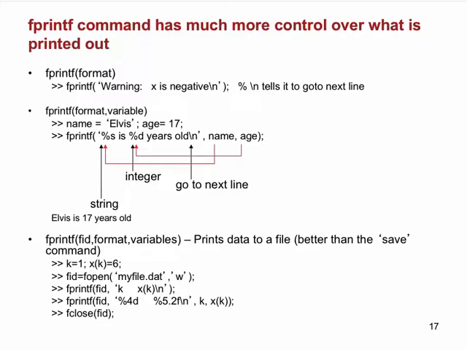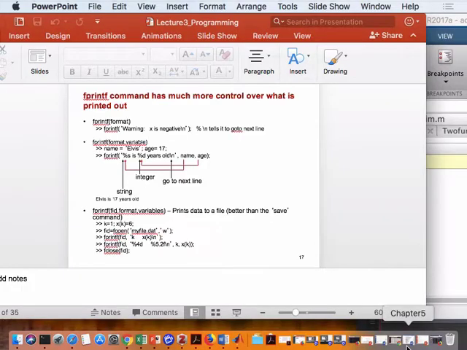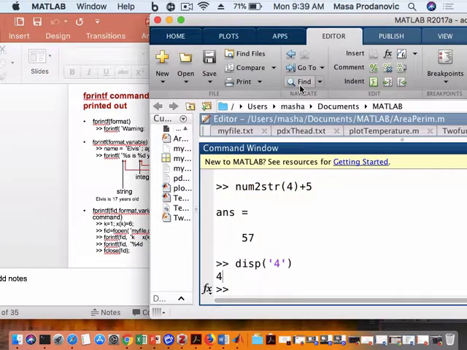So let's try to do this. And do it for yourself, don't do it for Elvis. So I already have my name as a string. You can put yours. So my age is 40, thank you for asking.